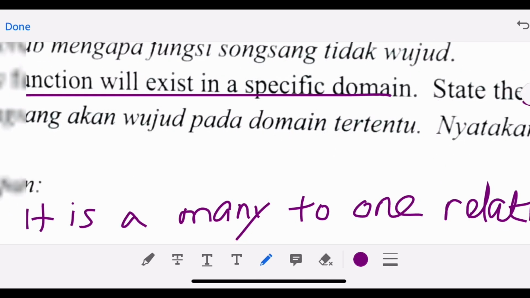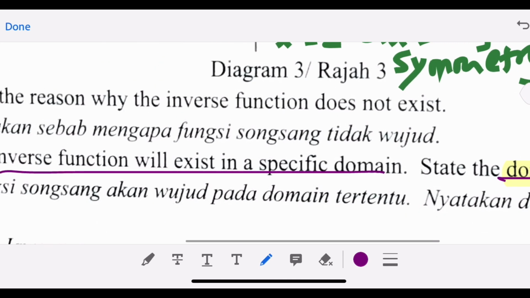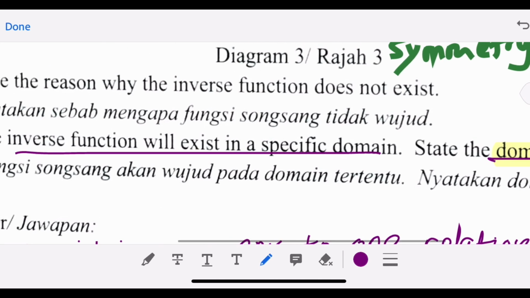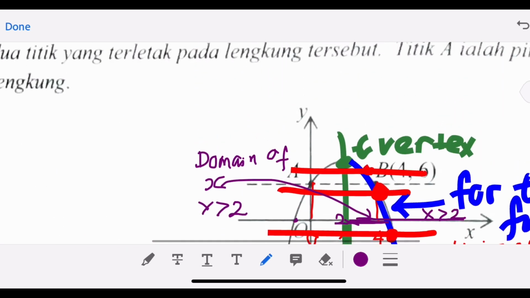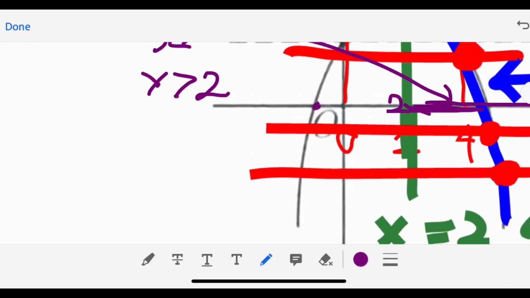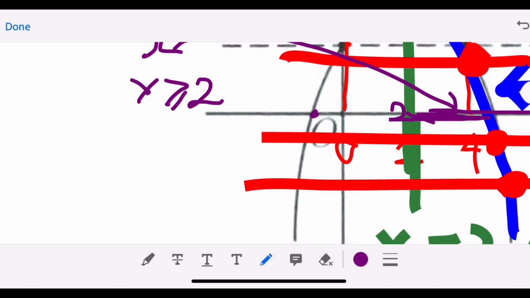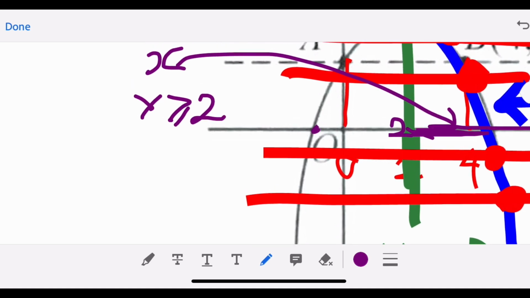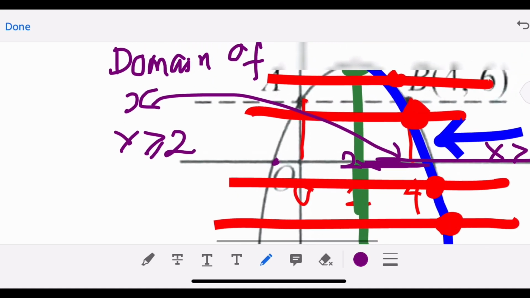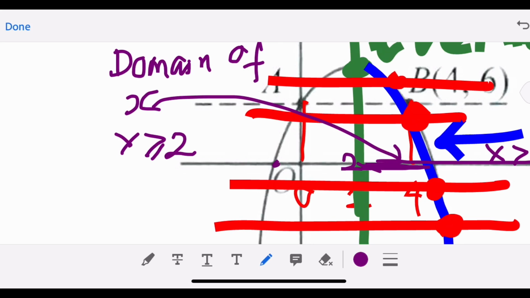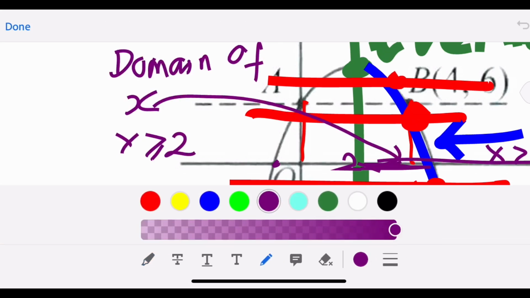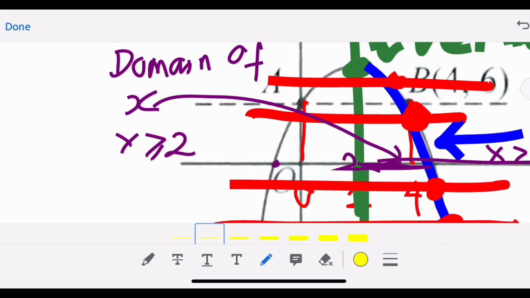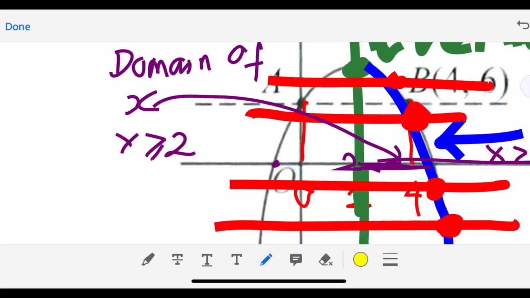The inverse function exists for the graph that I highlighted in blue color, and it happens when x is more than or equal to. So that is the so-called domain of x. Understand? You must understand that the word domain means the corresponding range of x that corresponds to the blue curve.